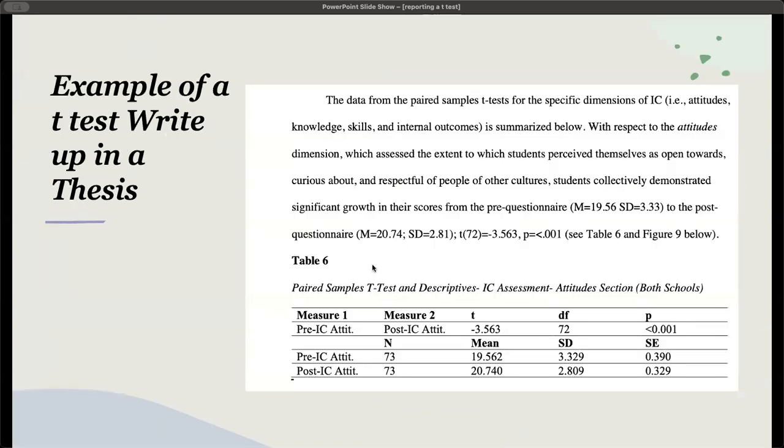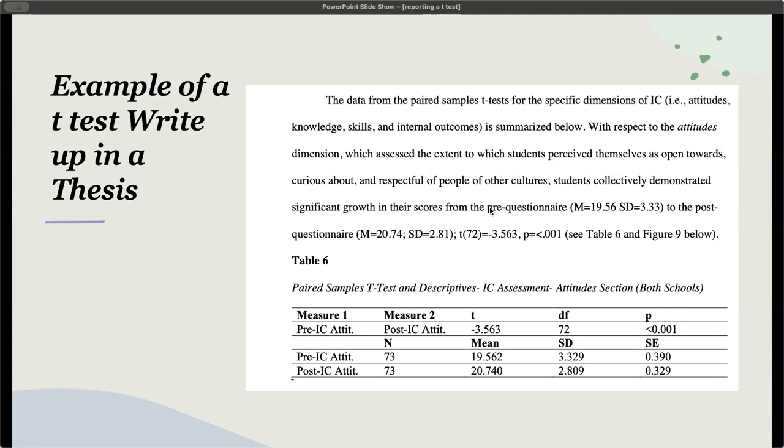Now, here's an example in a thesis. The data from the paired samples t-test, this student used the hyphenated. It should not technically be hyphenated here, but for the specific dimensions of intercultural competence is summarized below with respect to the attitudes dimensions, which assess the extent.